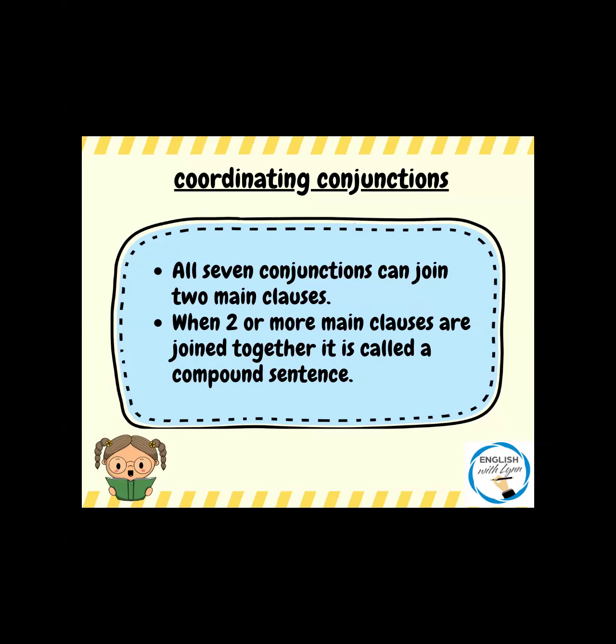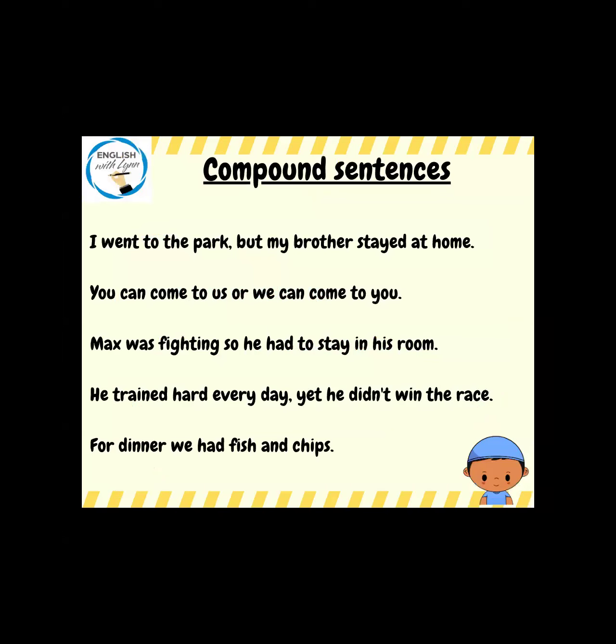So if I look at these sentences here, I went to the park, but my brother stayed at home. The first bit I am going to look for in this exercise is the actual conjunction. So this is my conjunction. The first bit here is one main clause, I went to the park.